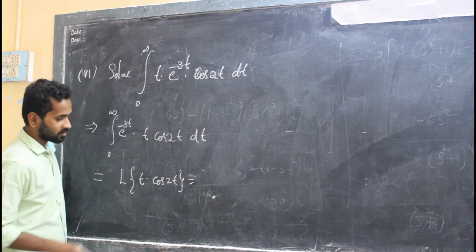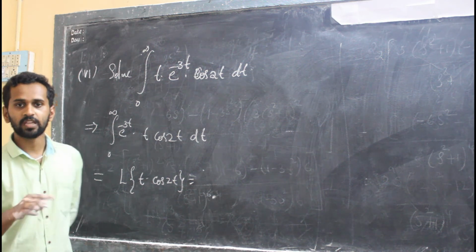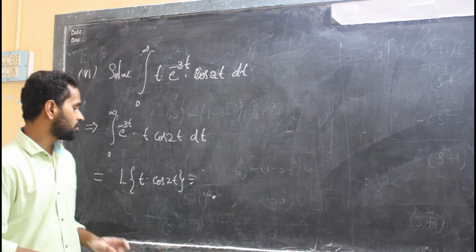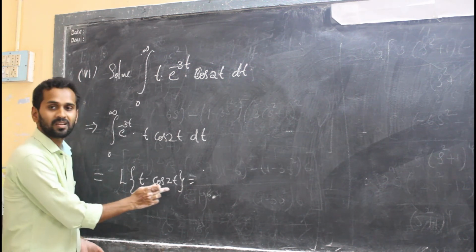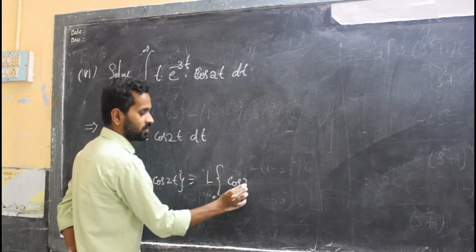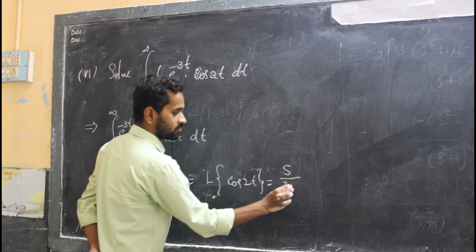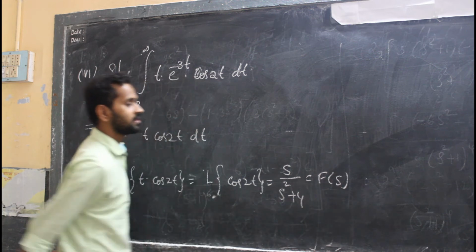You know what is the formula? T to the power of n into f of t is minus 1 to the power of n d power n divided by ds power n into F of s. So I need to find first F of s for given f of t. My f of t is cos 2t. So Laplace transform of cos 2t I will be finding first. This becomes s divided by s square plus 4. This is what I got of F of s.